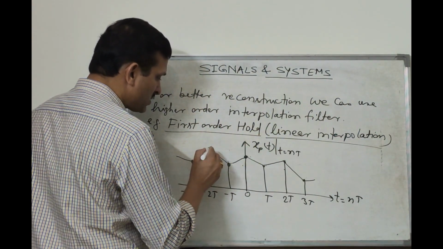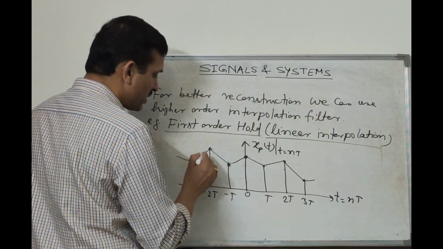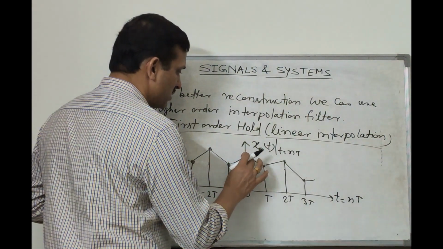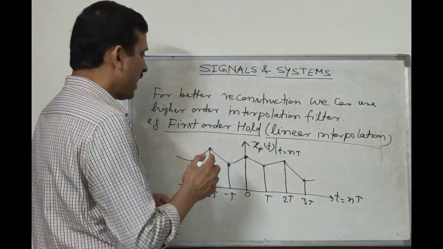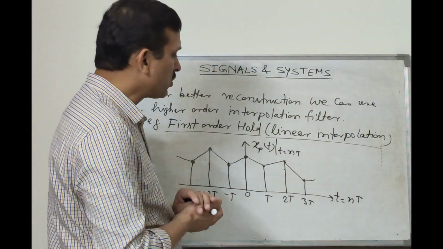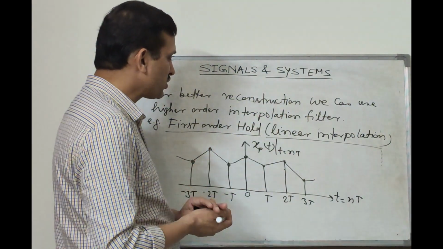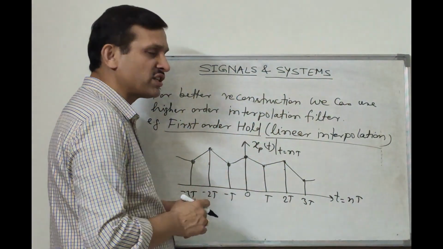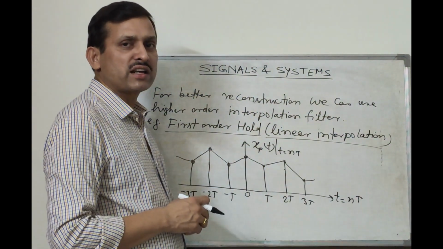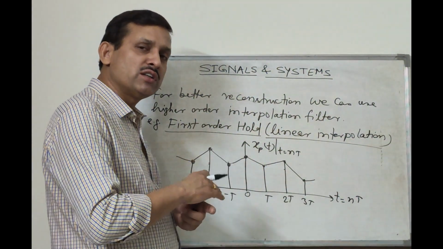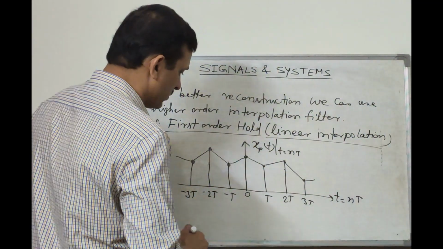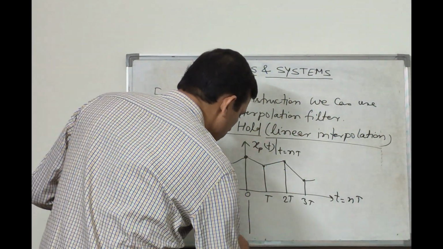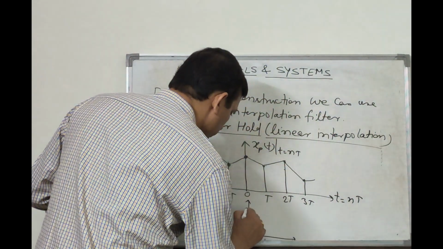This is a first order equation, and that's why this is called the first order hold system. So when x_p(t) is passed through the first order hold system or linear interpolation filter, we can expect this type of output, which is a better approximation as compared to the staircase approximation, that is, as compared to the zero order hold system. We can expect its impulse response. This will be its impulse response.